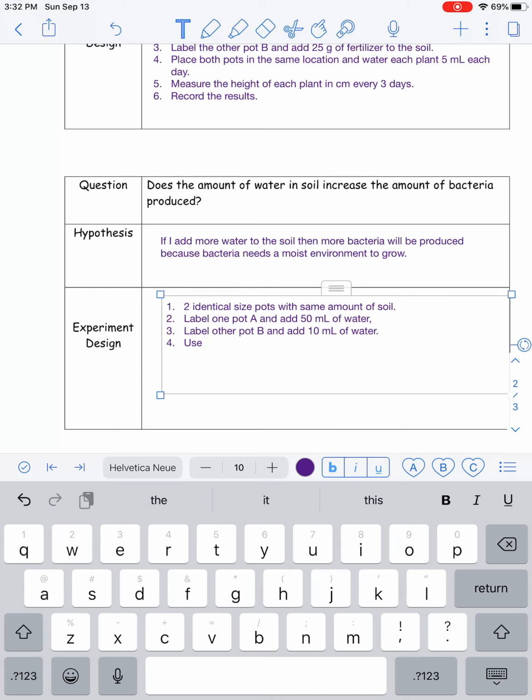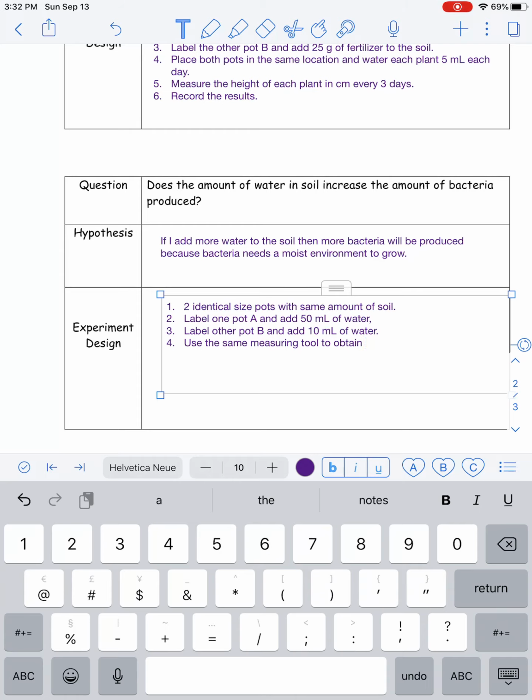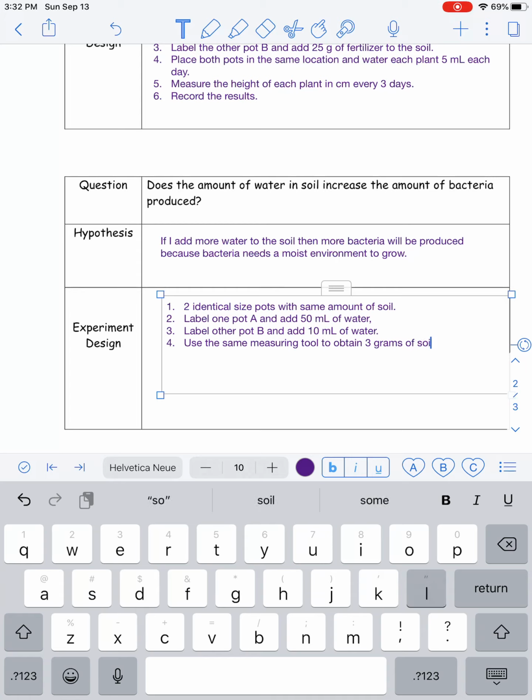So I'm going to use the same measuring tool to obtain 3 grams of soil to check for bacteria growth every 3 days.